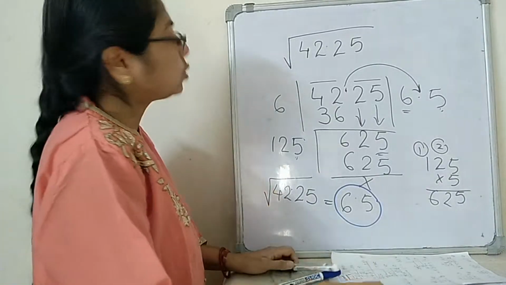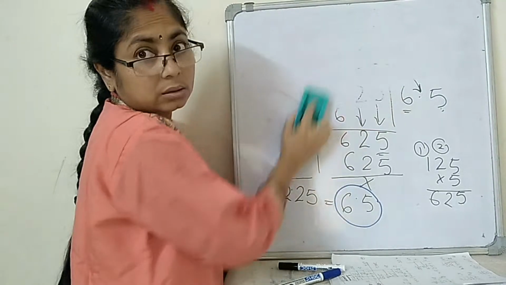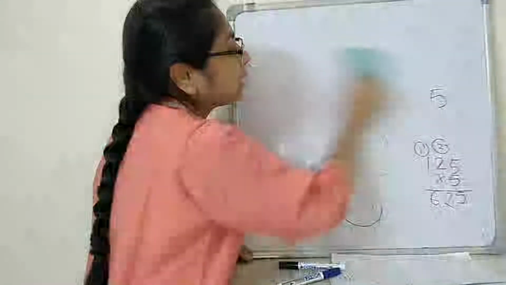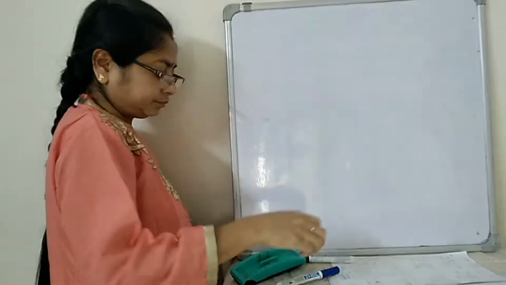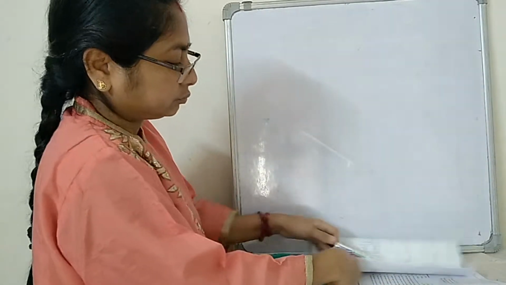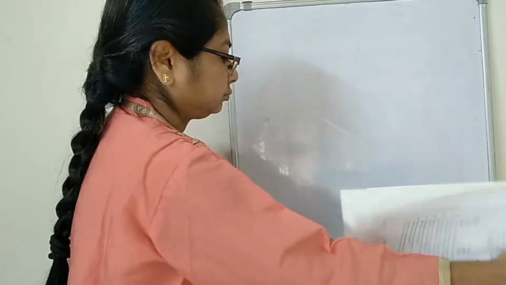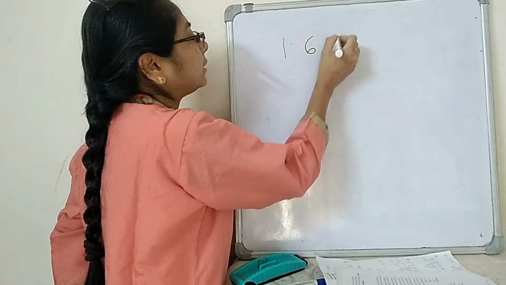Now, I show another process of the square root of the decimal. The next number is 1.69.